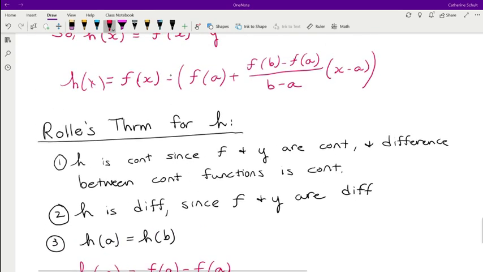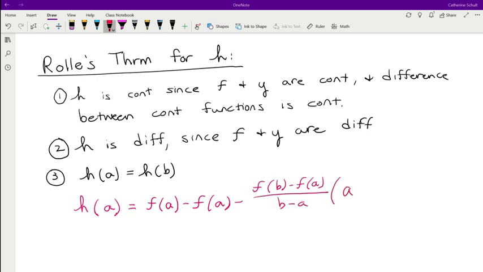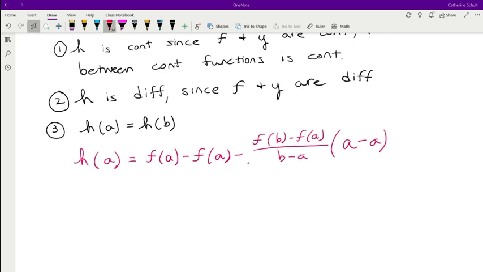And then minus that times x minus a, but again, x is a. All right, so this is going to go to 0, right? Because anything times 0 is 0. Then f of a minus f of a is 0. All right, just like we saw visually.